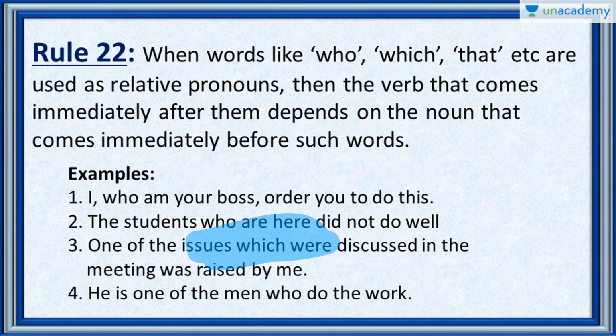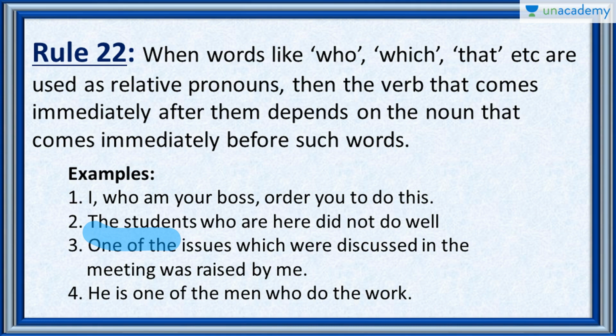But what about the part of the sentence that follows? For that we have to look at this part, one of the. As you have mentioned in a rule previously, when we say one of the, we are actually talking about a singular thing.